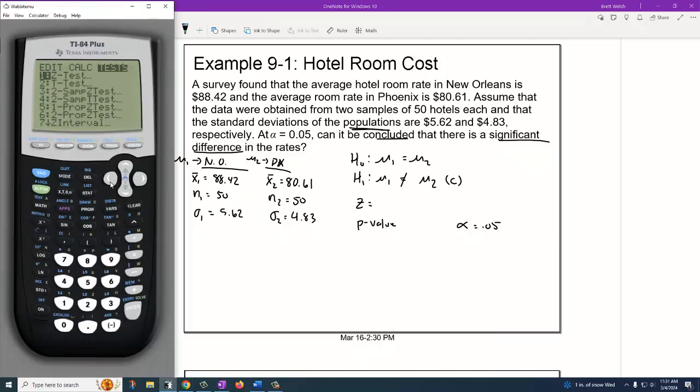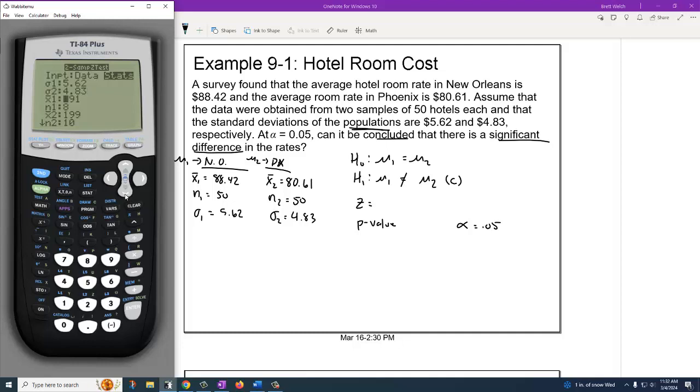Stat, go to tests, and right there is a 2-sample z-test, option 3. We'll do statistics. The standard deviation of the first is 5.62. The standard deviation of the second is 4.83.